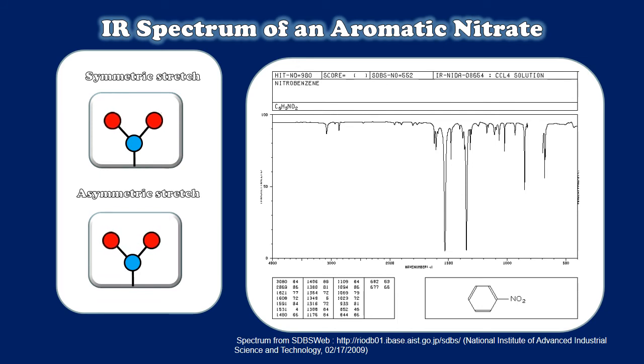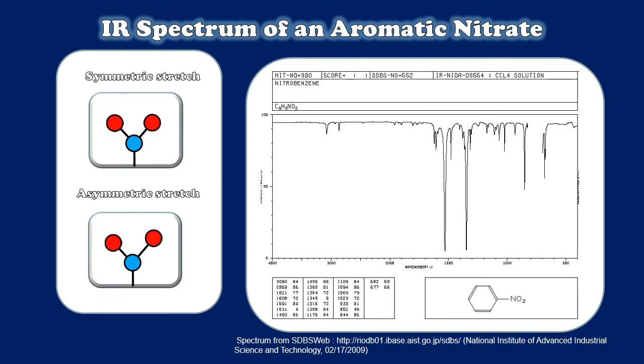But because we're dealing with bonds vibrating here that have nearly complete charge separation, remember the nitrogen in a nitrate has a positive formal charge, and one of the oxygens at least has a negative. In truth, they both have about a half a negative. We expect to see a very, very strong absorbance.